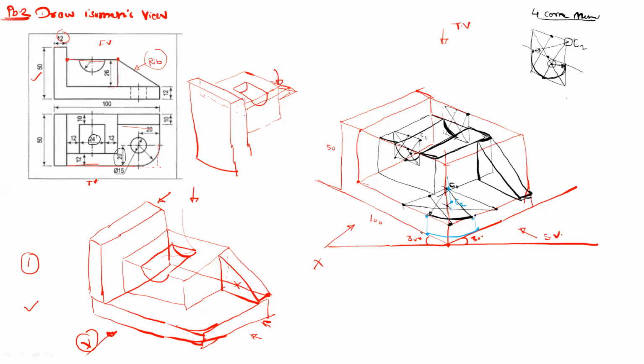And then you can complete the remaining portion. Okay, then you can highlight the visible geometries by continuous thick line. So this is how you can complete the isometric view for the given two views.